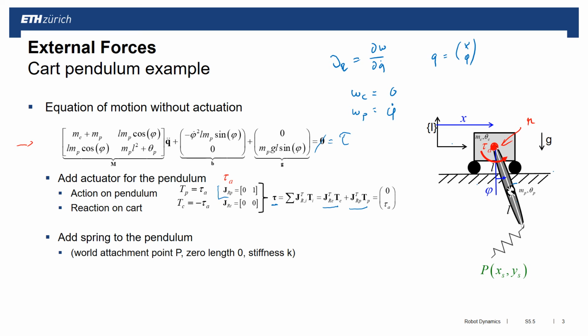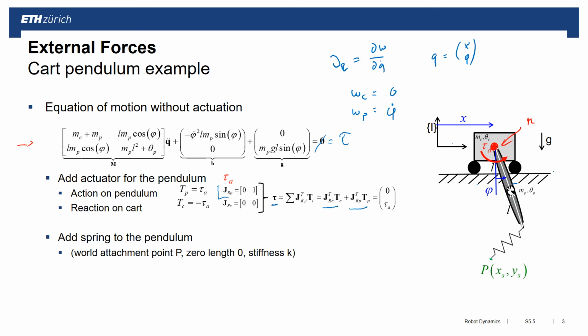Now let's do a slightly more challenging example by adding a spring to the pendulum. Now the spring here is connected at point P to a world fixed point. It has a given zero length and a given stiffness.